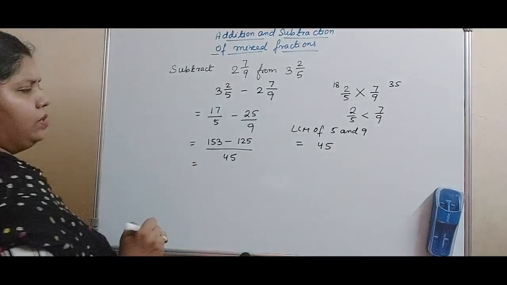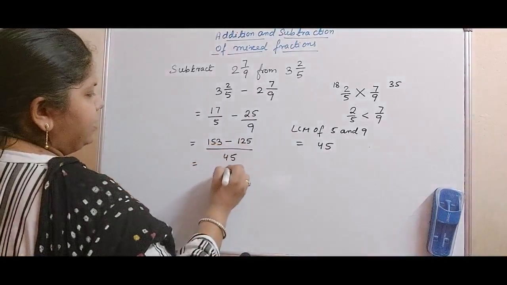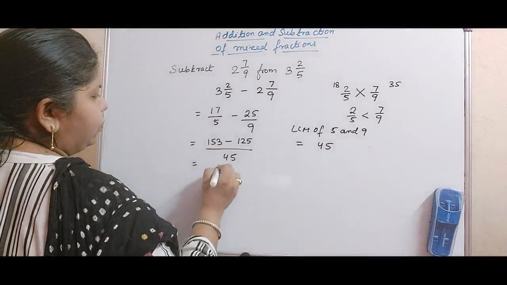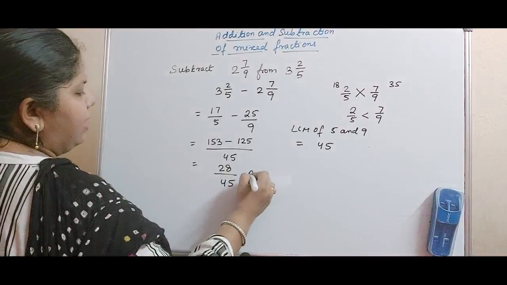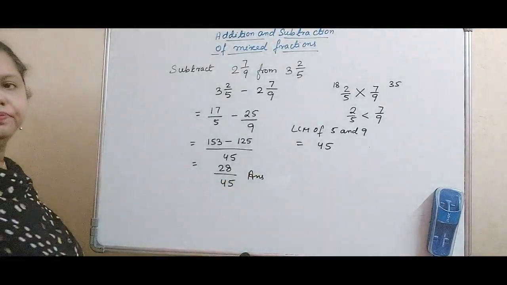Now let us do the subtraction: 13 minus 5 is 8, 4 minus 2 is 2. So 28 by 45 is the answer that we get.